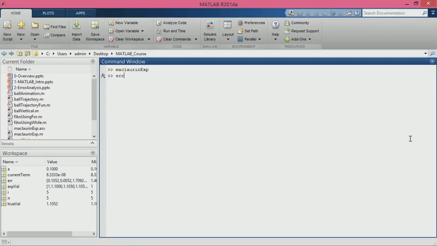Okay. So, now we have the error, and as you can see, the error is 10 to the power minus 3, 10 to the power minus 4, and as we go to higher order terms, the error keeps decreasing quite significantly. So, what we see over here is that as we introduce more and more terms, our error keeps decreasing quite significantly. Okay.